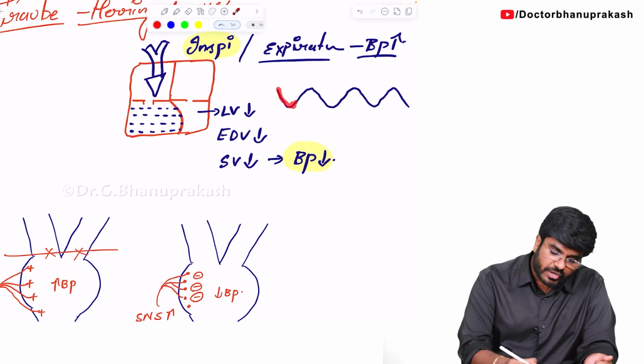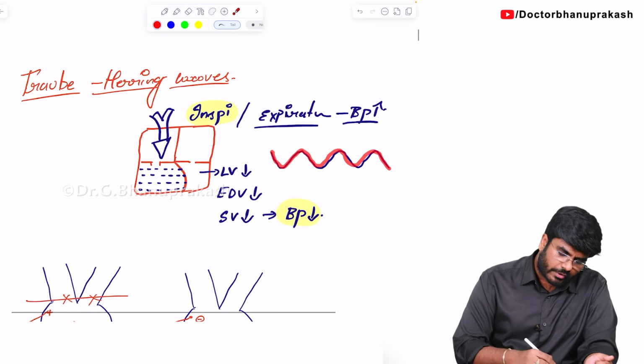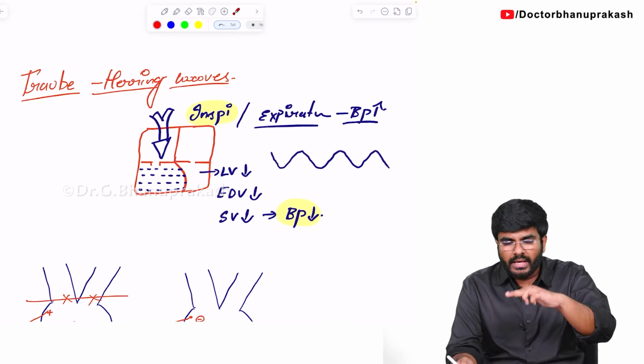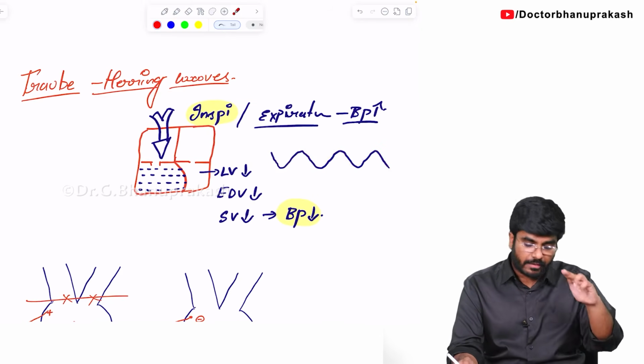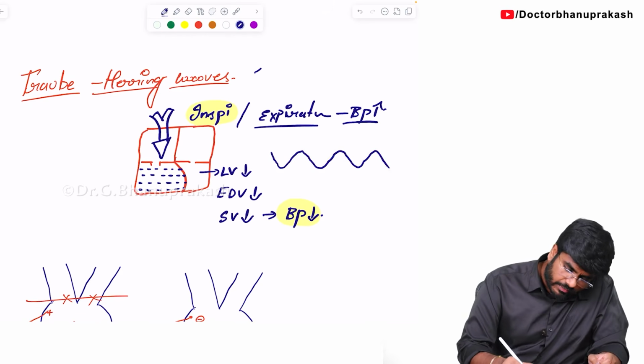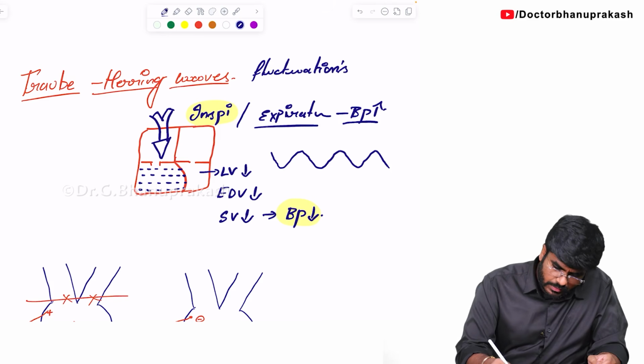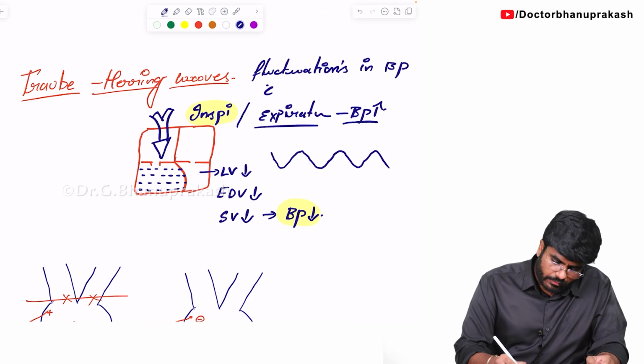So these fluctuations in the BP with inspiration and expiration, they are called as what? Traube-Hering waves. So the Traube-Hering waves are the fluctuations in BP with respiration.